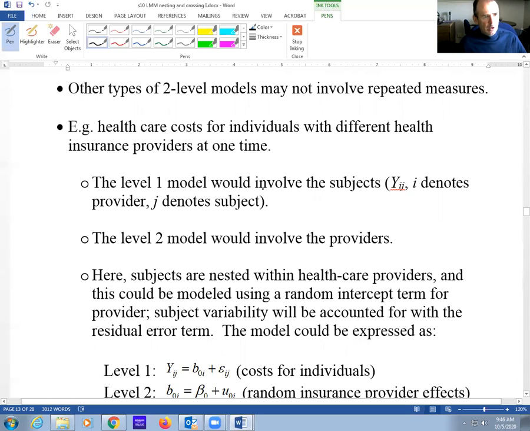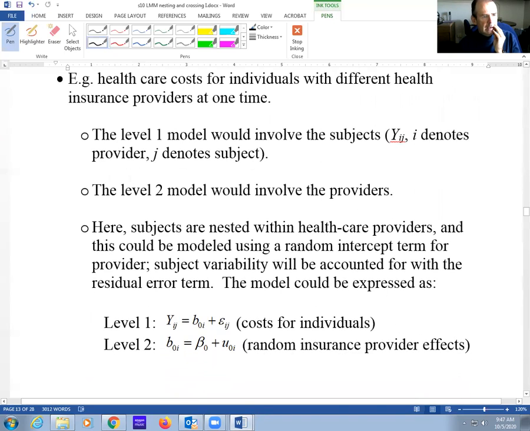The level 1 model would involve the subjects, so for the outcome, i denotes the provider and j denotes the subject. And the level 2 model would involve the provider. So level 1 is the smallest unit, and then level 2 is a bigger unit, level 3 is a bigger unit, and so forth. I show how you can think about the models for levels 1 and 2 in that case.